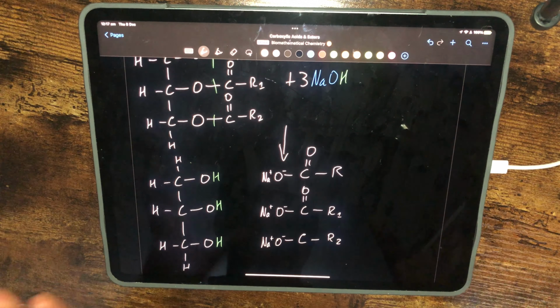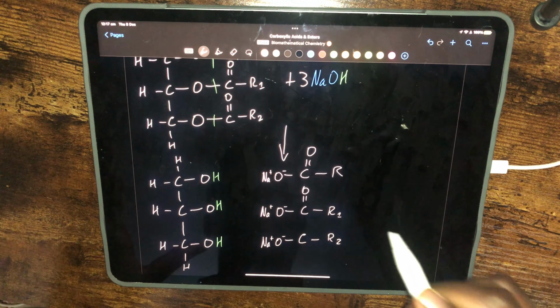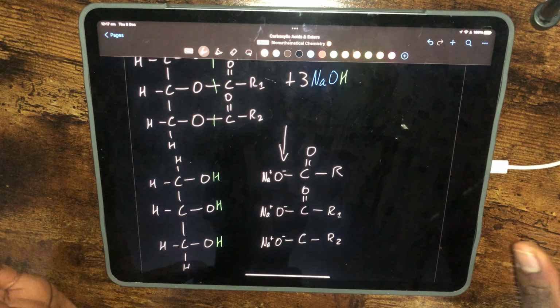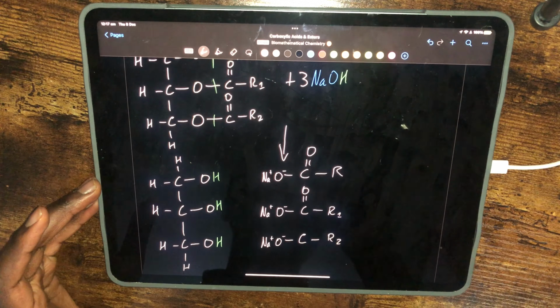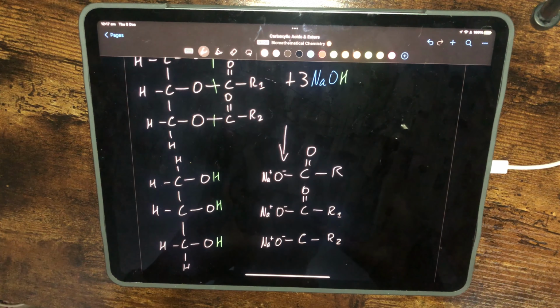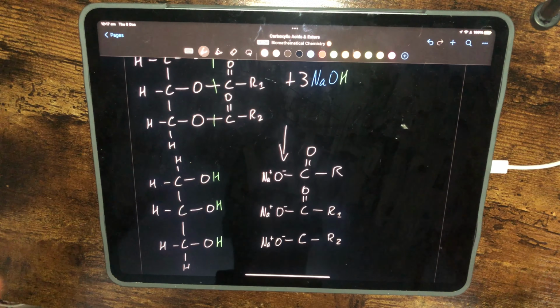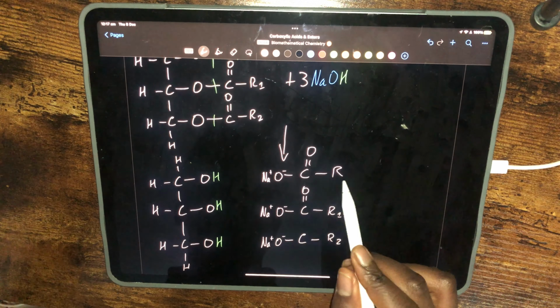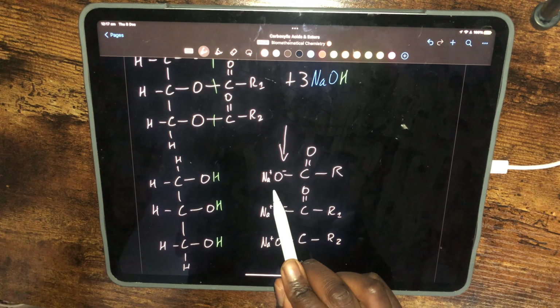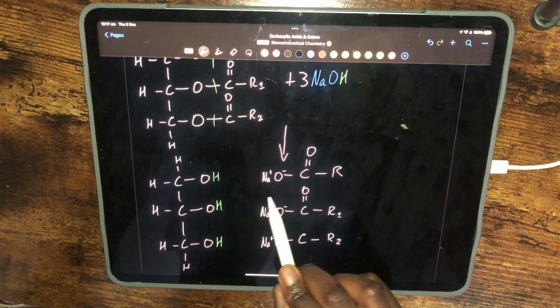Because it's so amphipathic, right? The hydrophobic part can adhere to the dirt on your skin, or anything that's on your skin, any excess dust or dirt, and then also I guess sweat as well, right? And then the hydrophilic part would adhere to the water.